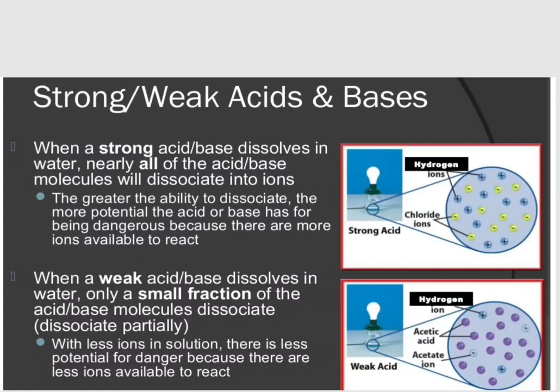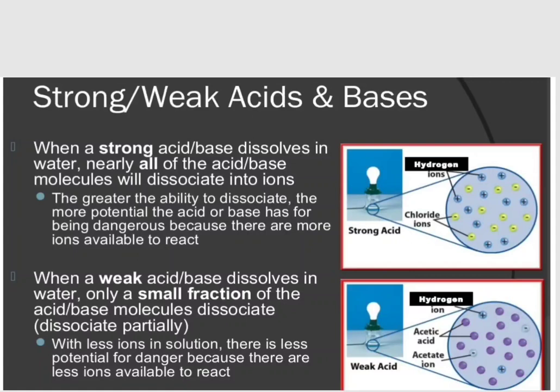When a strong acid or base dissolves in water, nearly all the acid or base molecules dissociate into ions. The greater the ability to dissociate, the more potential the acid or base has for being dangerous, because there are more ions available to react.